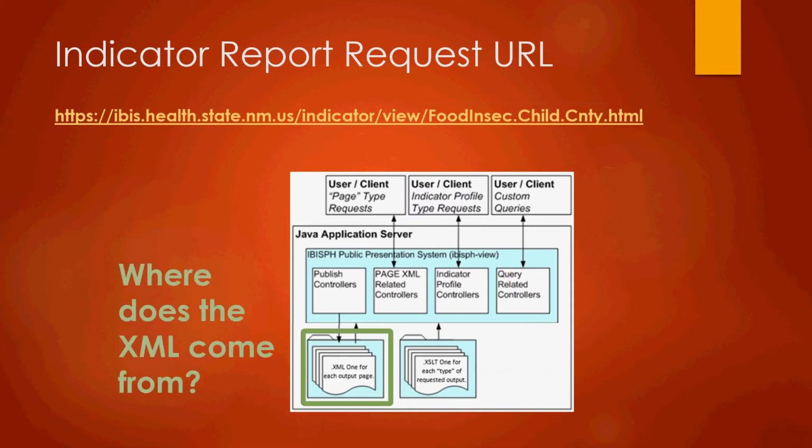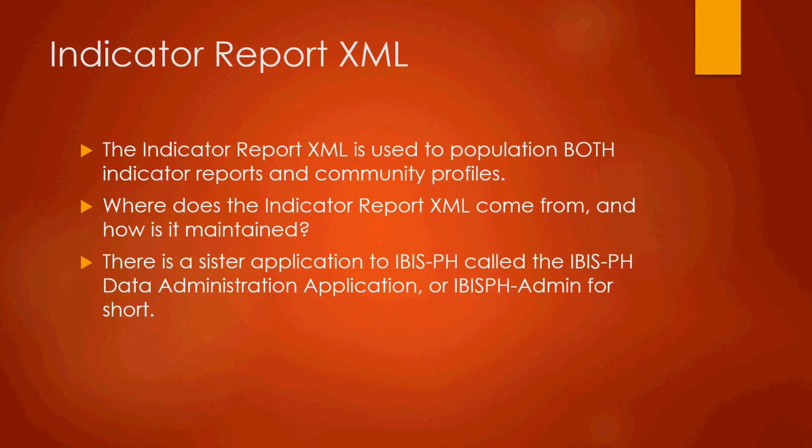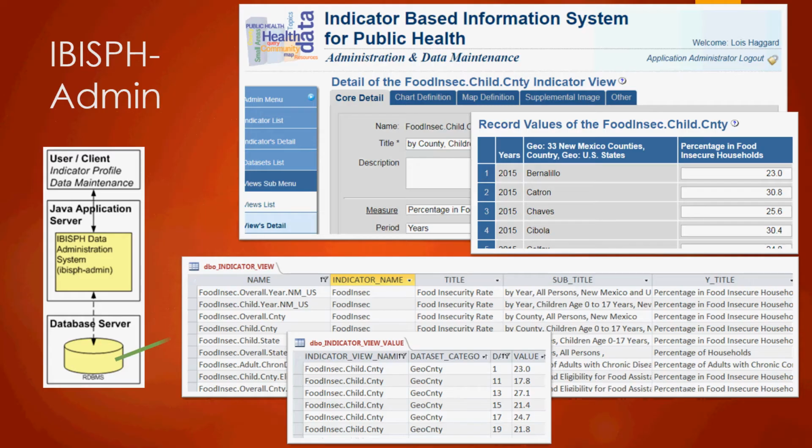So where does the XML come from? The indicator report XML is used to populate both indicator reports and community profiles. The XML is maintained by the IBIS admin application, which is a sister application, a web-based application called the IBIS admin.